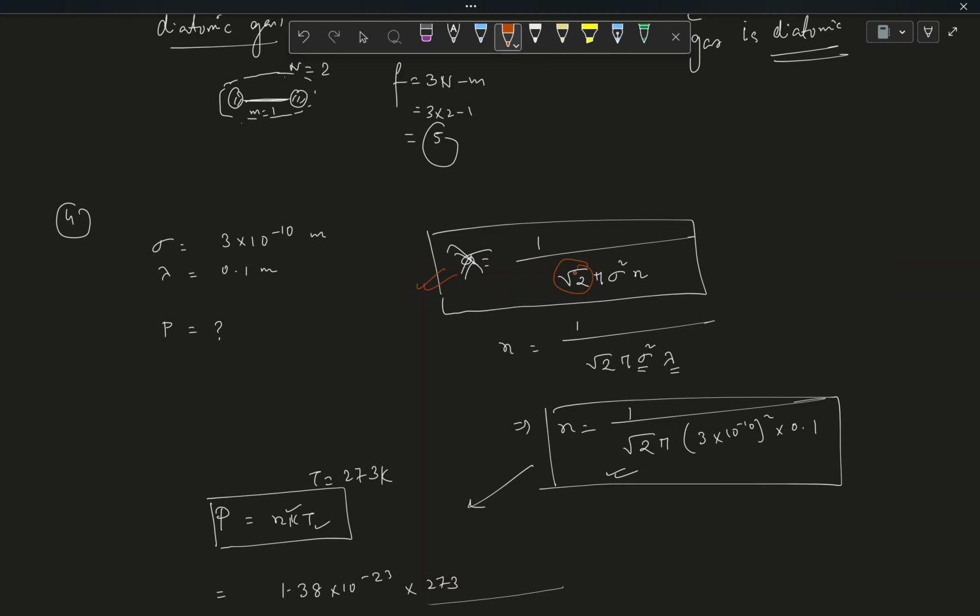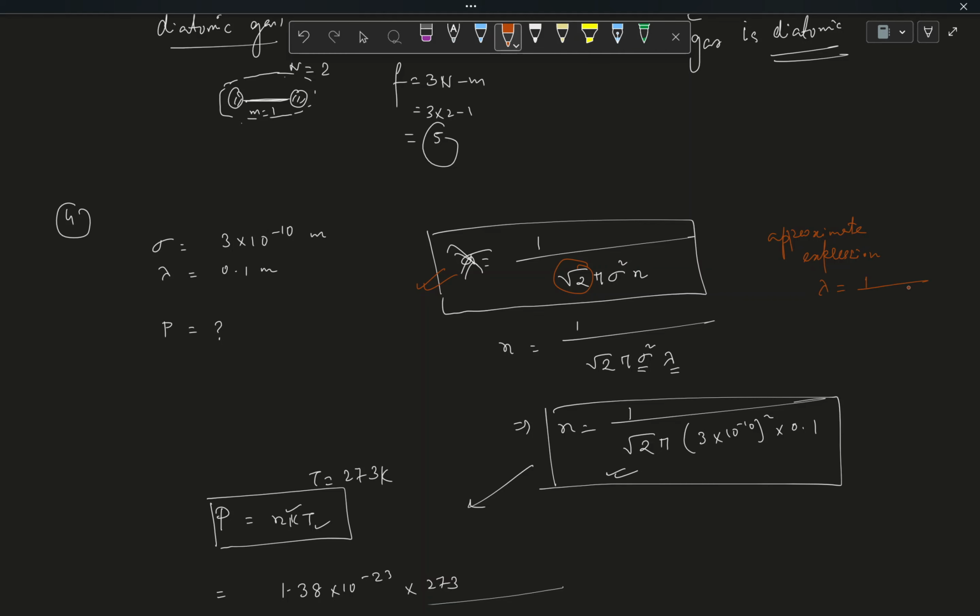Maxwell made some modifications to represent the actual physics more closely. That's why there is an extra root 2 factor. But in a rough approximation, the approximate expression of mean free path does not have this root 2 factor.